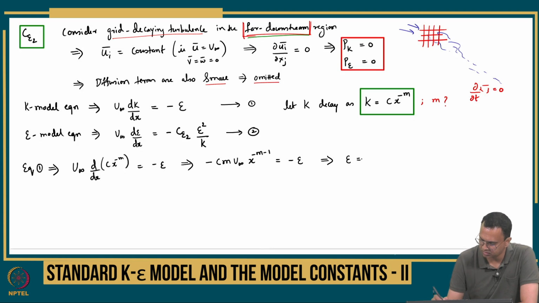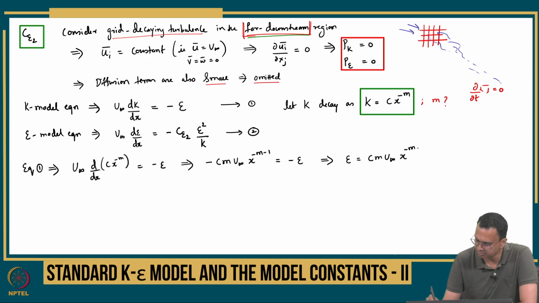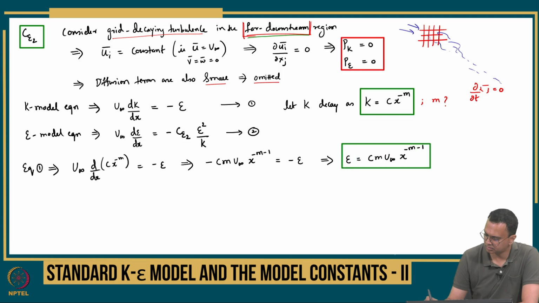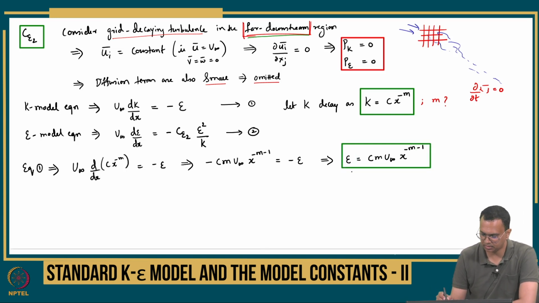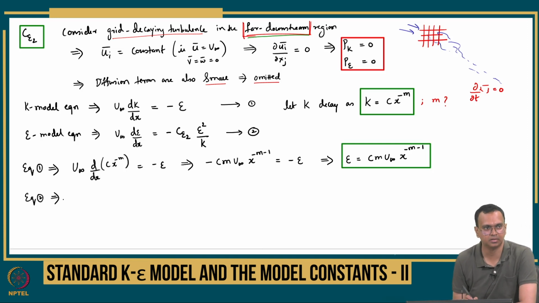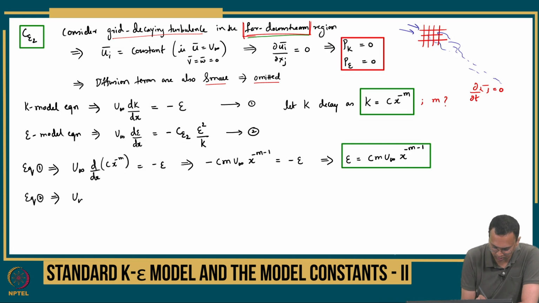Epsilon is decaying as c m u infinity x raised to minus m minus 1. Now I can substitute epsilon in equation 2 and differentiate that. So I get u infinity d epsilon by dx.